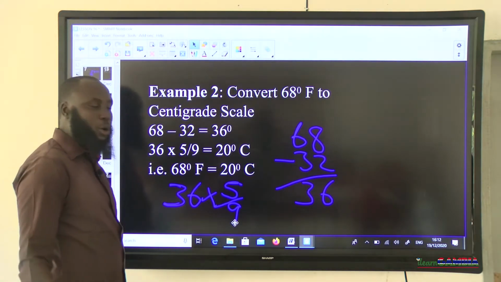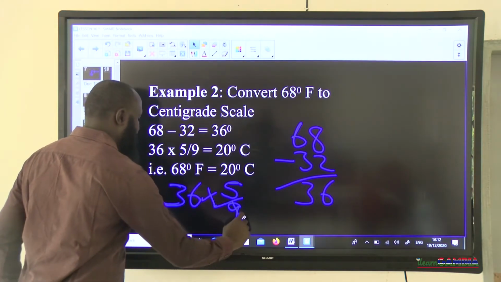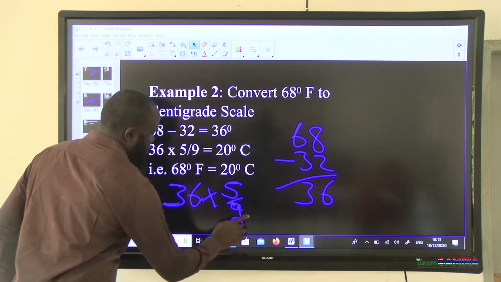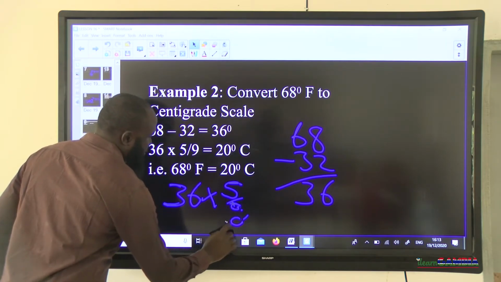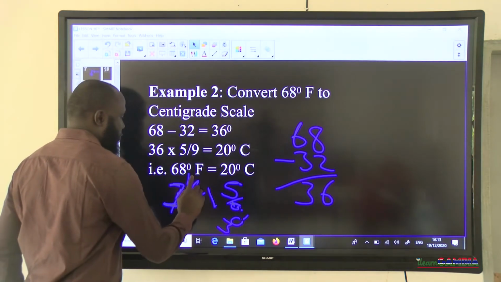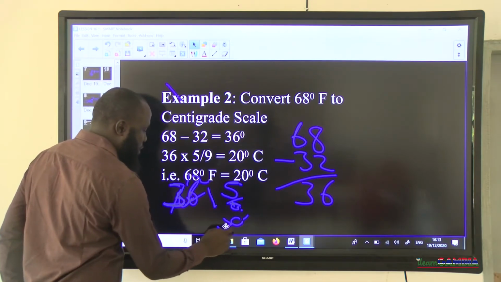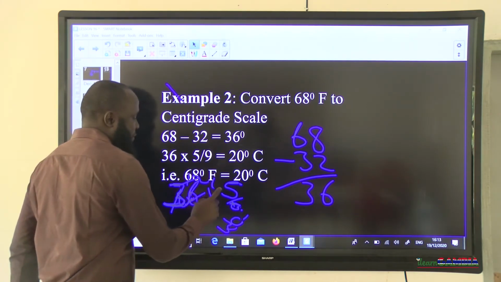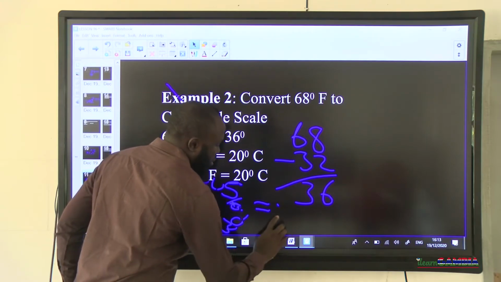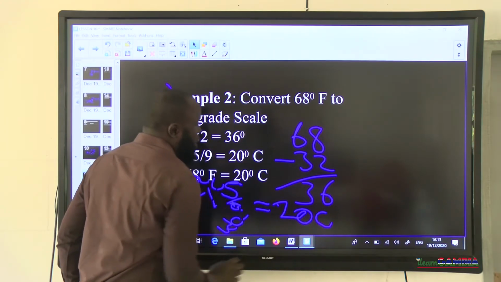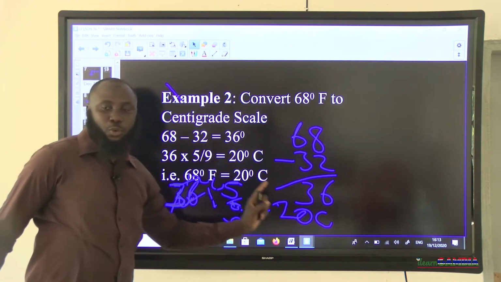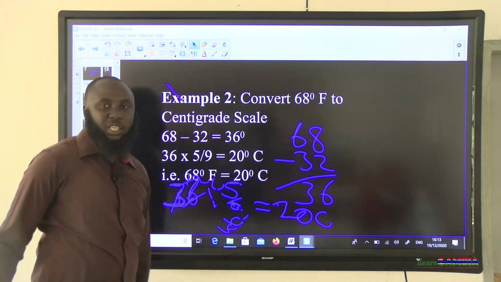Let's simplify and see. 3 goes into 9 3 times. 3 into itself 1, into 6 2 times. So this will be 12. 3 can still go. 3 into itself 1, into 12 4 times. 4 times 5 gives us 20. So it means 68 degrees Fahrenheit, when you convert it to centigrade, will give you 20 degrees centigrade.